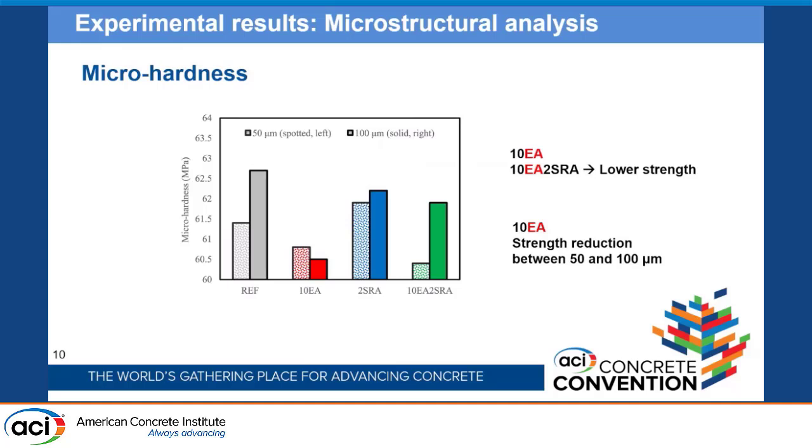Micro-hardness was again done for the two strips, and the overall results showed descending strengths, with the highest strength again obtained for the reference mixture, and the 10EA mixtures had the lowest strengths.